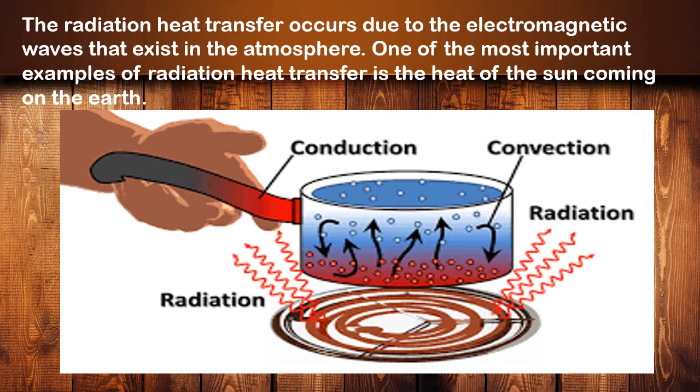So we have seen these three types of heat transfer mechanisms: conduction, convection, and radiation, in which there is no need of media for heating. I hope you have understood what I have taught to you.